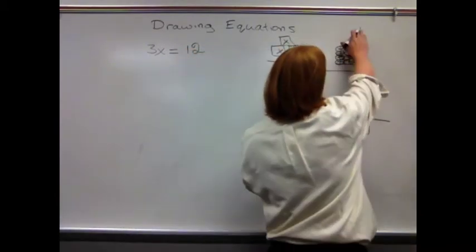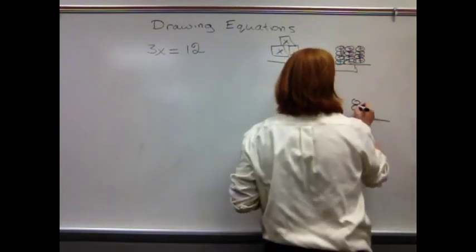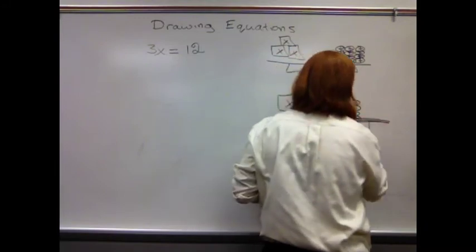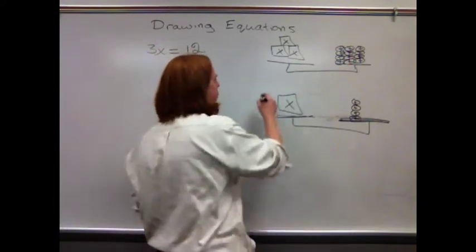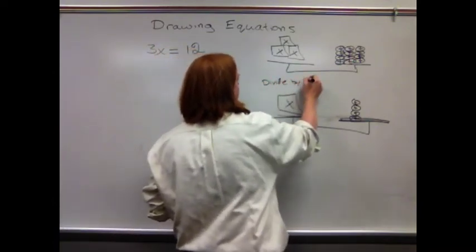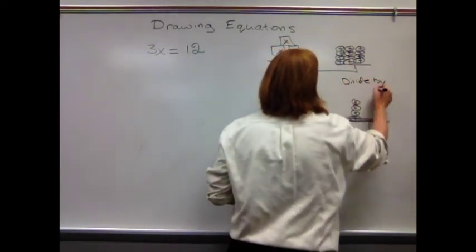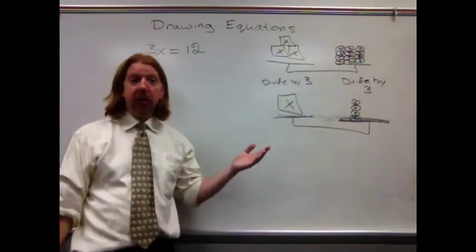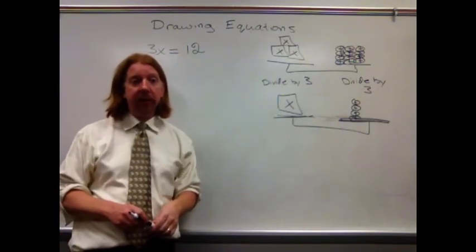So I know if I were to take this and remove 2/3, that's going to leave me 4 circles. And I can see that in my picture. I can see what I have done as I've stepped through here.